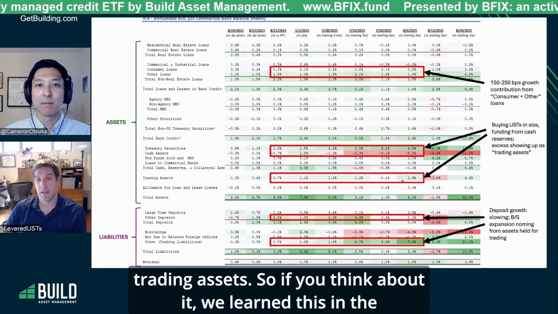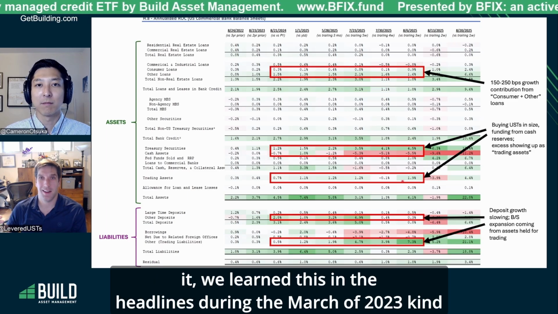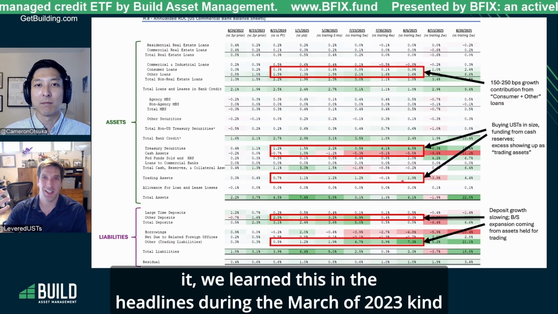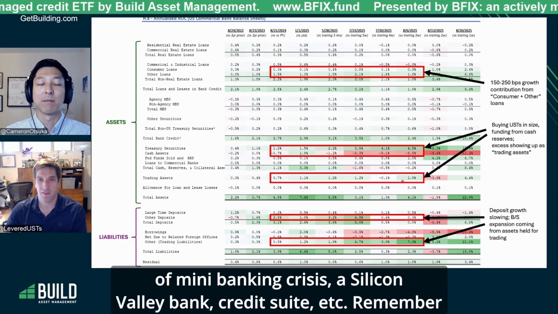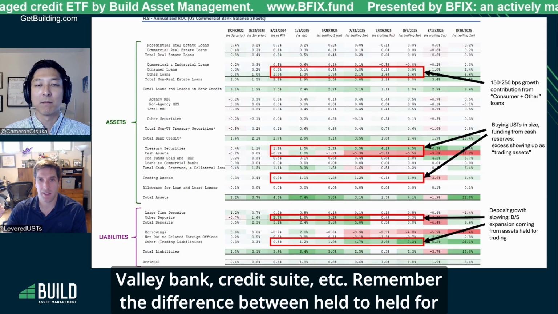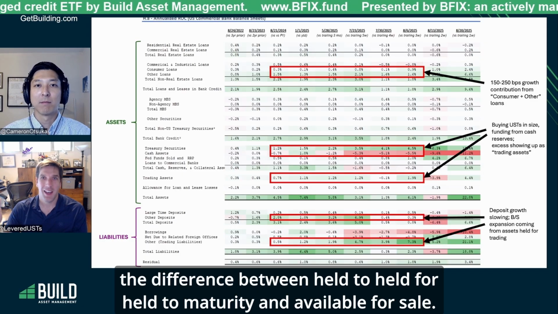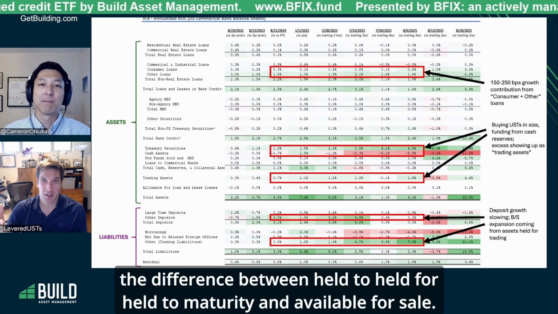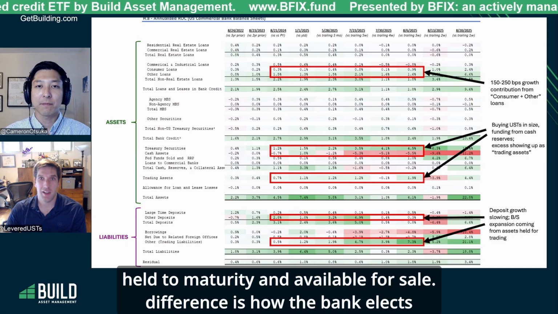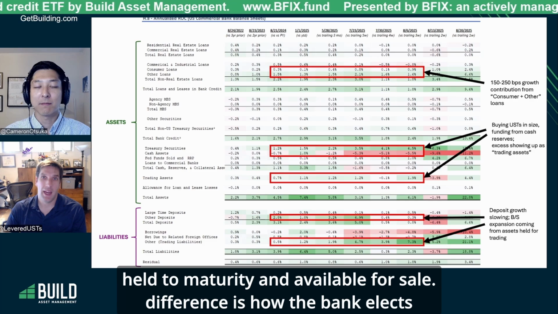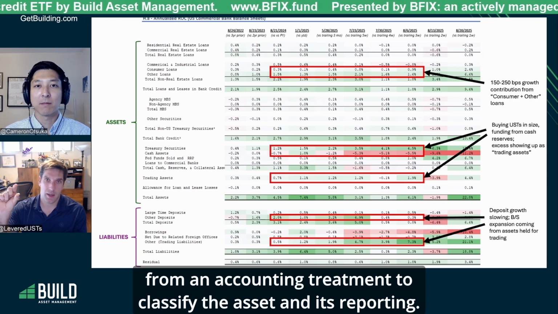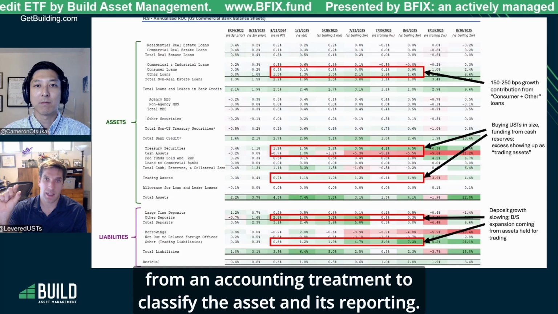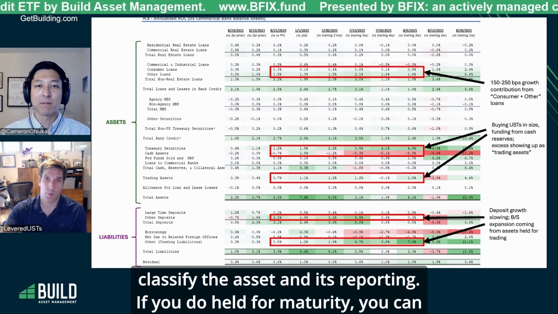So if you think about it, we learned this in the headlines during the March of 2023 mini banking crisis, the Silicon Valley Bank, Credit Suisse, et cetera. Remember the difference between held to maturity and available for sale. The difference is how the bank elects from an accounting treatment to classify the asset and its reporting.